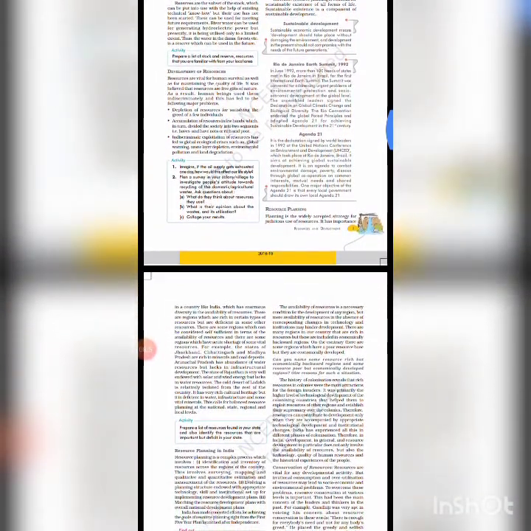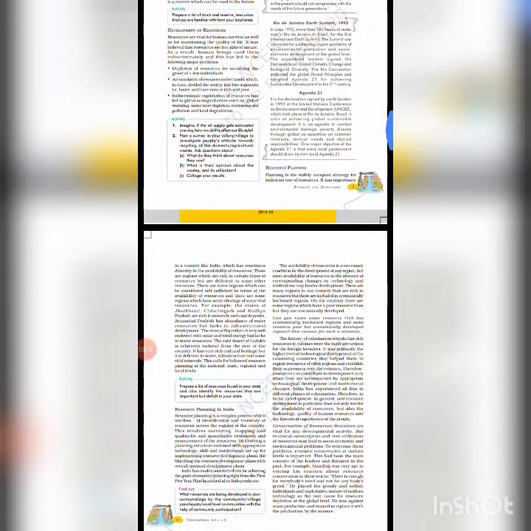Now, on the basis of status of development, meaning the potential, developed, stock, and reserves. What did you understand by potential resources? Potential resources are the resources which are found in a particular region but have not been utilized.